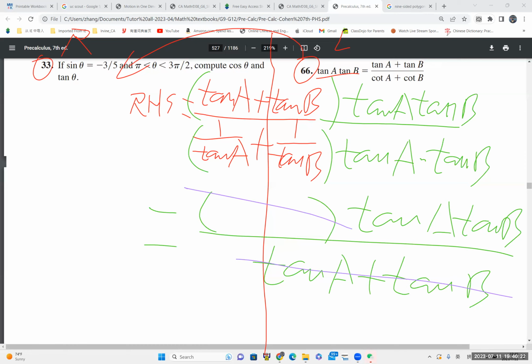Yeah, it's not so hard. Then you get the left side. Okay, if you need, you can screenshot. But it's really simple. Let me know when you're done.